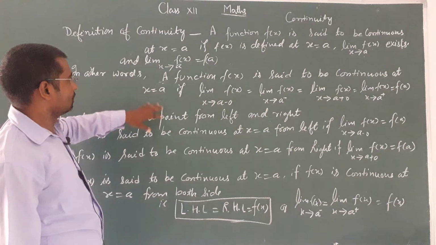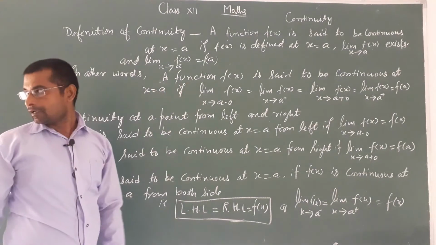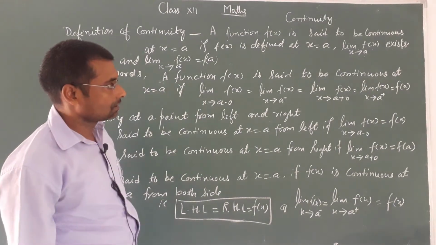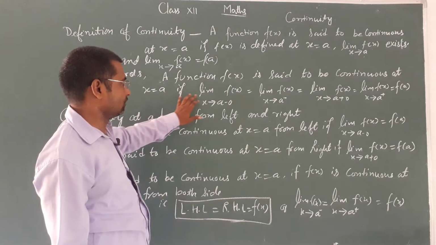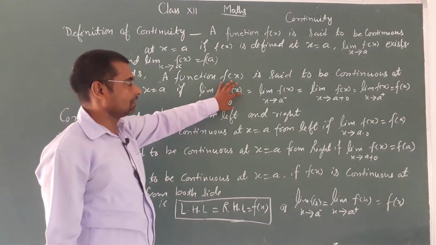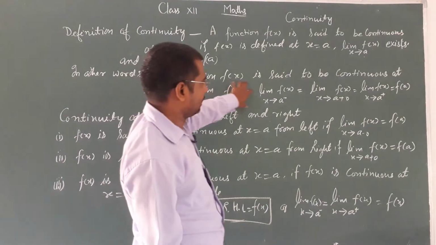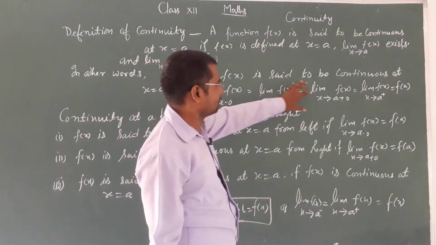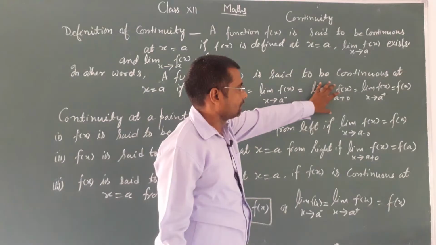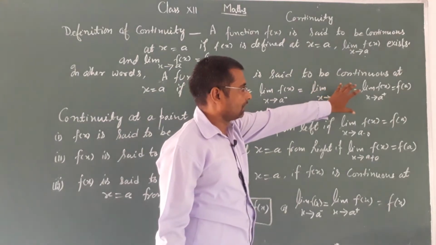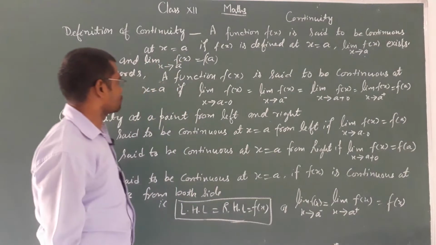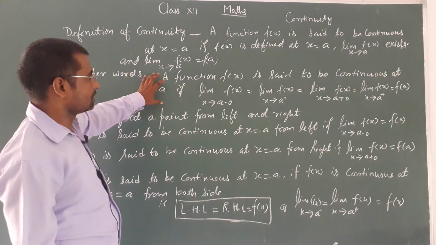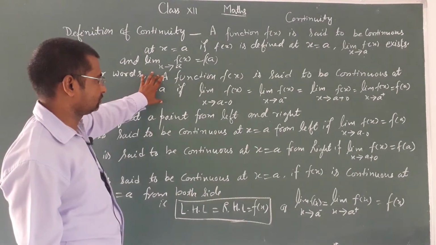In other words, a function f(x) is said to be continuous at x equal to a if the left hand limit and the right hand limit are both equal to the value of the given function. If these are equal, then the function f(x) is continuous.